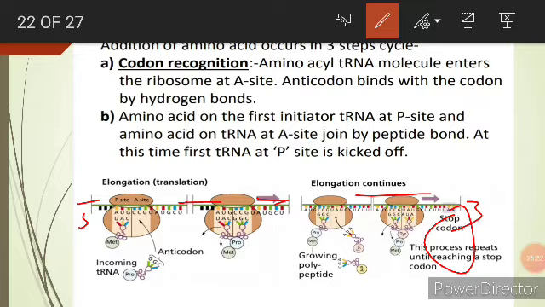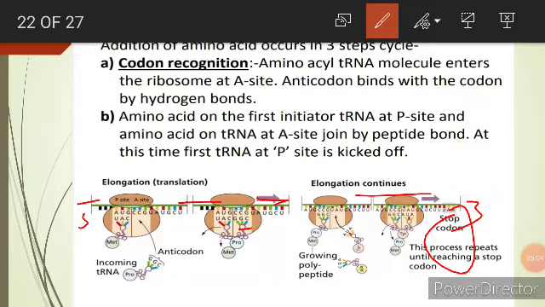We can see AUG, which was on the P site, is going to come to the E site. The second codon, which was on the A site, that is GGG, is going to come to the P site, and then the third codon is going to come to the A site. So if the A site is free, the next codon will come to that site.